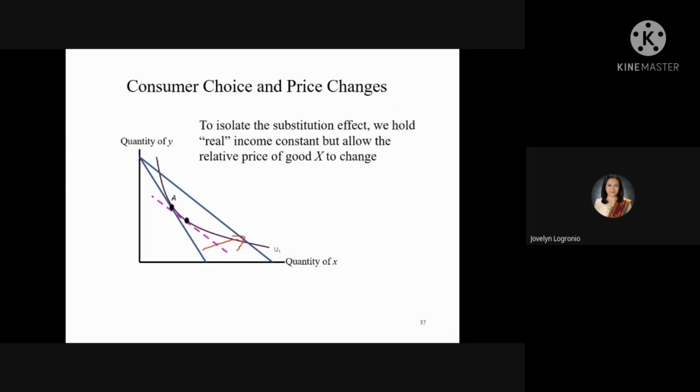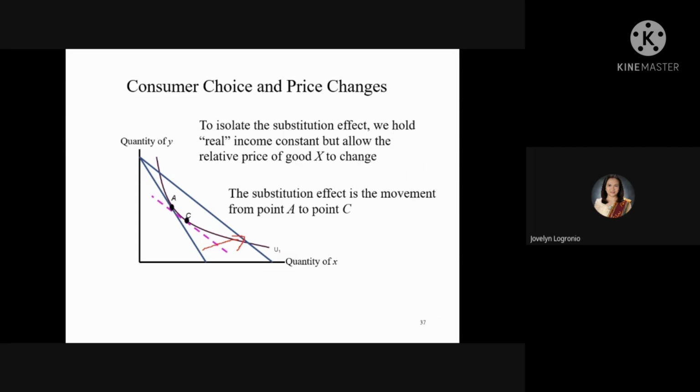Since good X now is cheaper, there's a tendency of the consumer to substitute or to consume more X rather than good Y. So from point A, the consumer will now choose bundle C, for example.